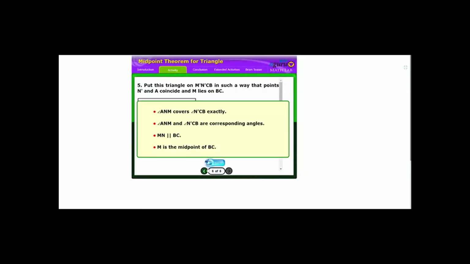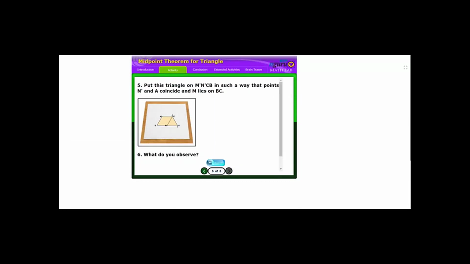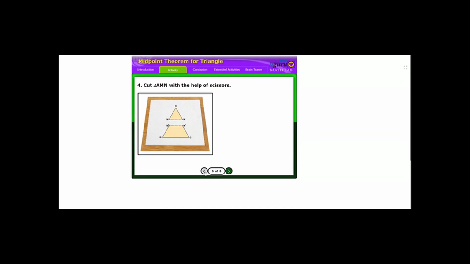Ma'am, we get one parallelogram. Yes. See here how we are keeping that triangle on the trapezium such that points N dash and A coincide.